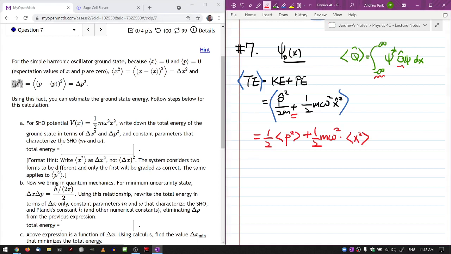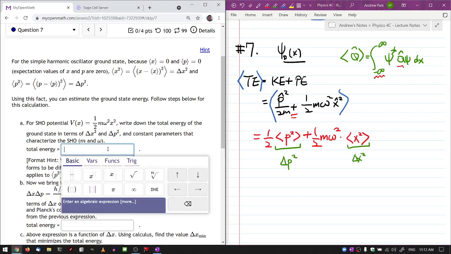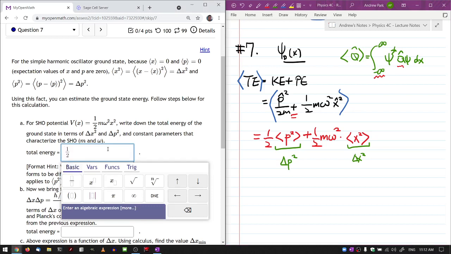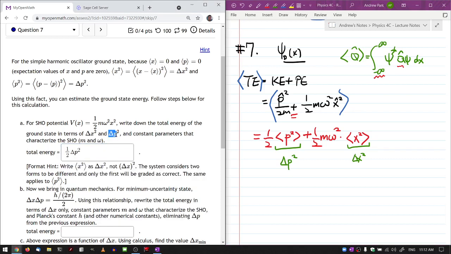For each of these expectation value expressions, I'm going to follow the hint and write this as delta p squared, and this as delta x squared. I think that's what this instruction is trying to guide me toward, as delta times p squared. I'm going to follow the advice here and write it as this.